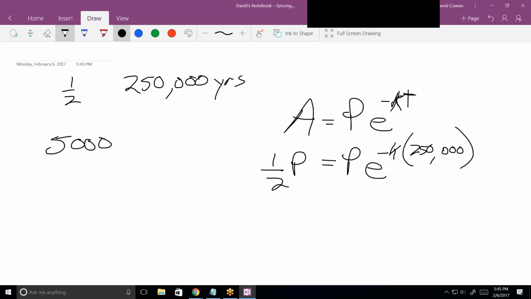Okay? And notice that the P's divide out, which is going to let me solve for K. Okay, so now I have 1/2 after dividing both sides by P.